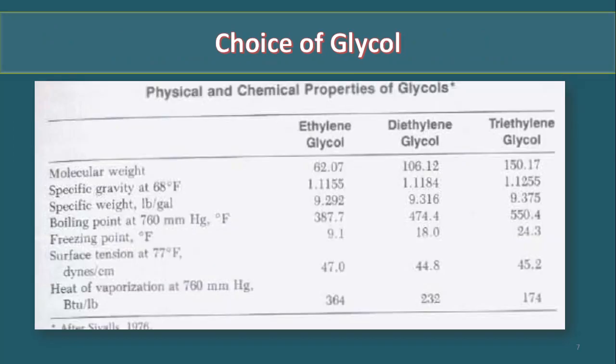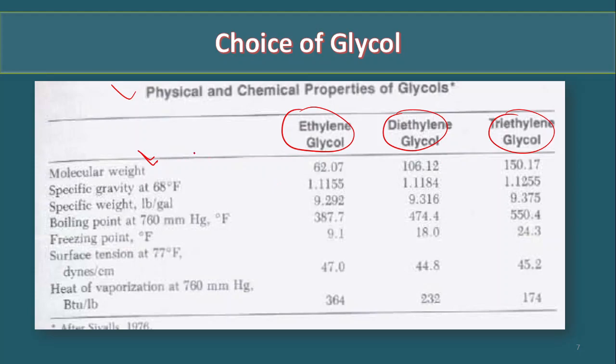If you see the glycols, ethylene glycol, diethylene glycol and triethylene glycol, I have given a table comparing the physical and chemical properties of these 3 glycols, and with the help of those properties we can also find other relationships. For example, the first one is the molecular weight. Ethylene glycol has the lowest molecular weight compared to triethylene glycol.